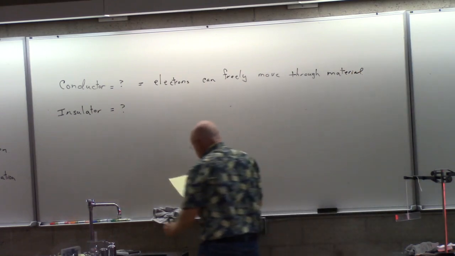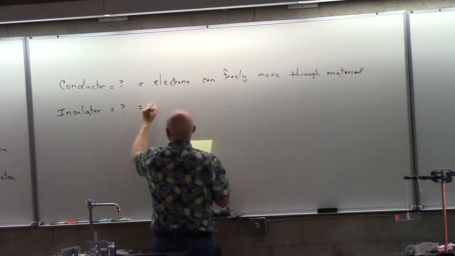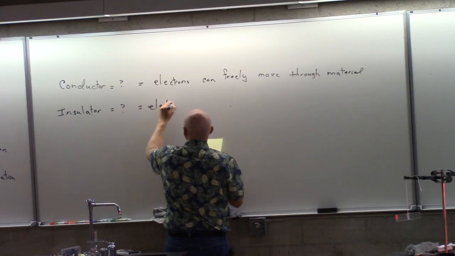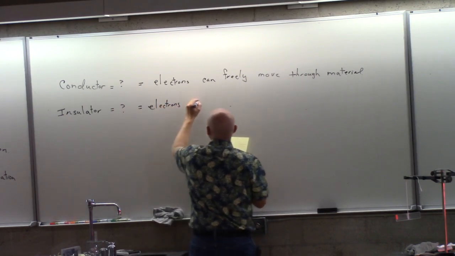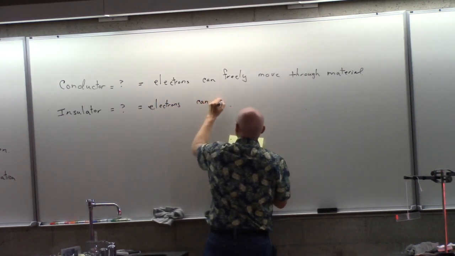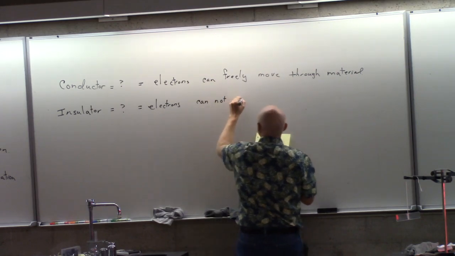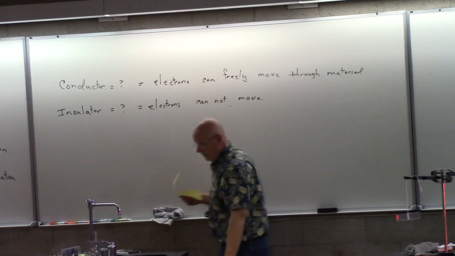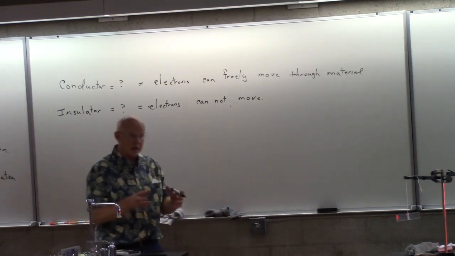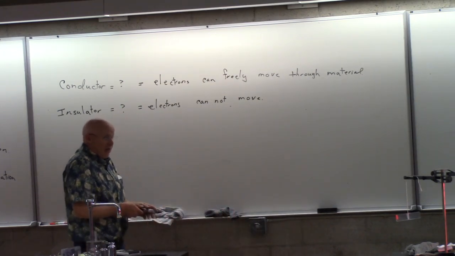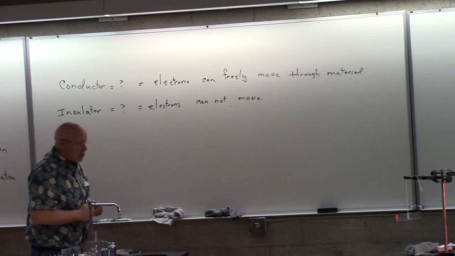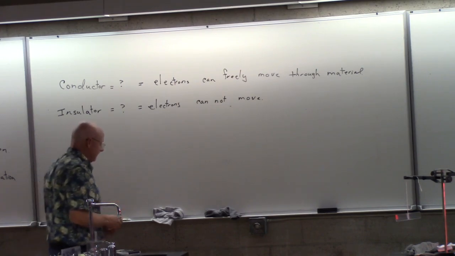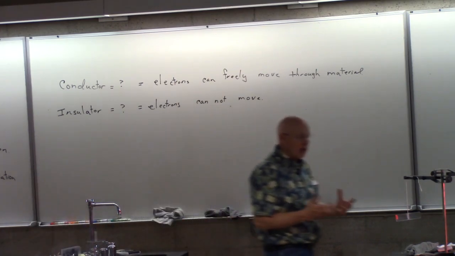But for an insulator, these charges, these electrons, are kind of fixed. They cannot move. And so when you actually set them in a particular spot on that particular object, they can't move.